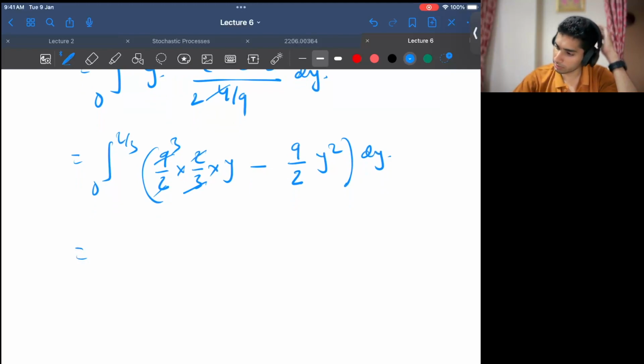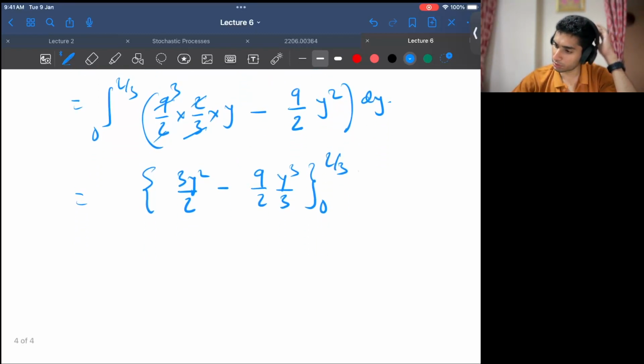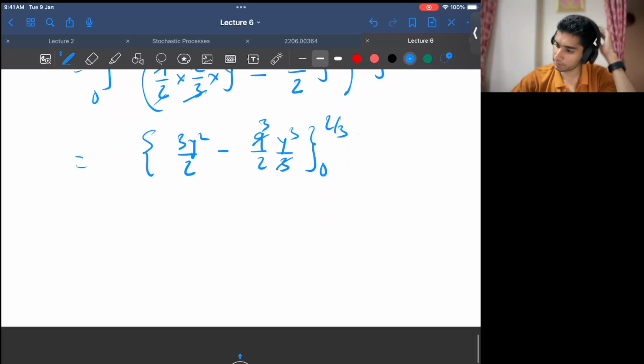So this will become, now just integrating it. So 3 times y integration is 3y square by 2 minus 9 by 2 y cube by 3, and the limit is 0 to 2 by 3. So this 3 3s are 9.